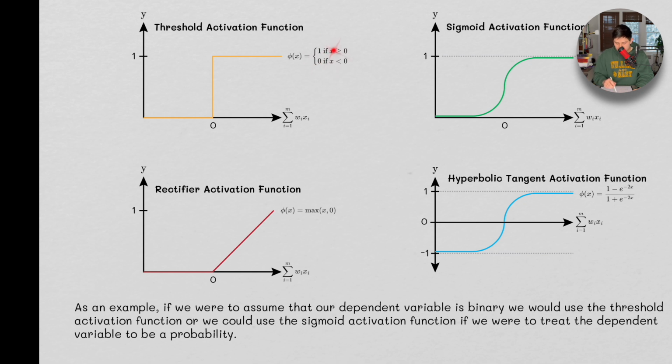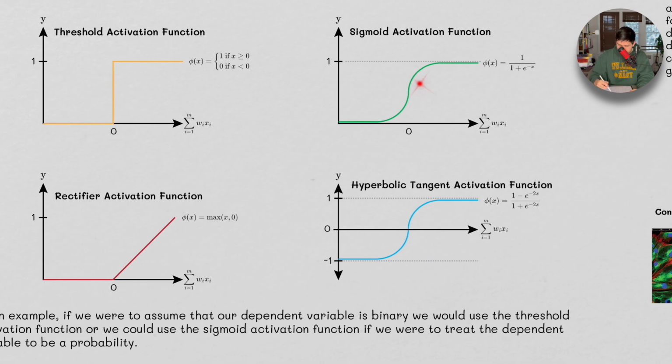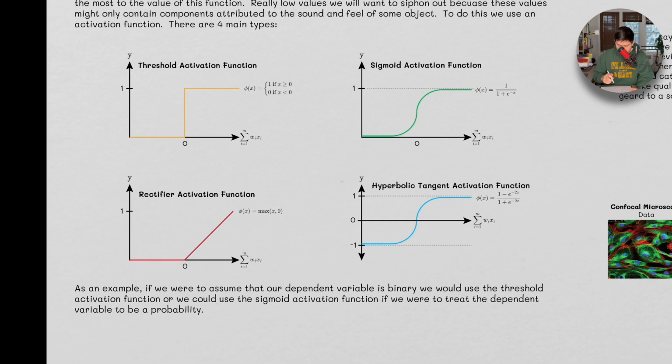So X could be 100 million, and the output's just 1. The input could be really, really strong, but what gets passed in as the function is just the value 1. Whereas for the rectifier activation function and the sigmoid activation function and even the hyperbolic tangent function, 1 is not the only output, right?